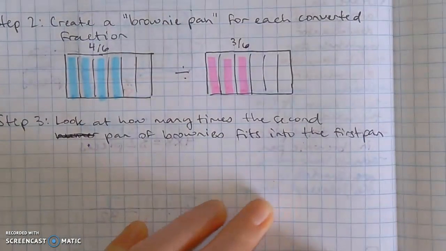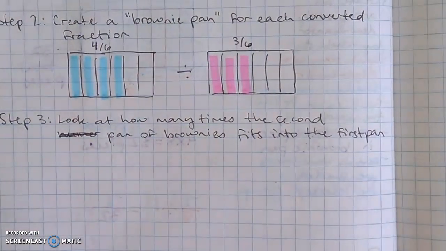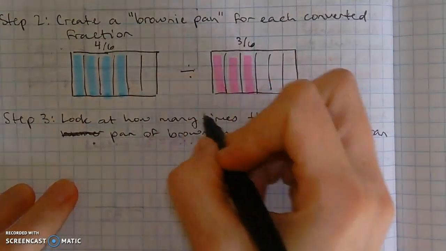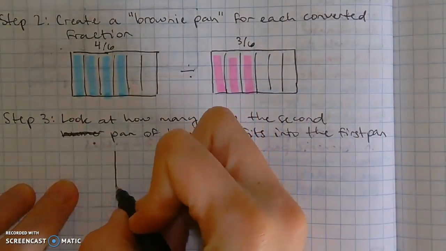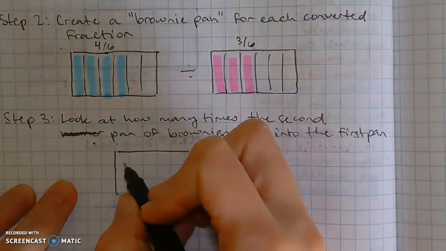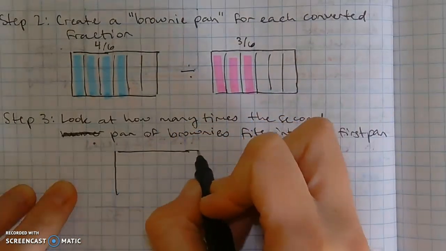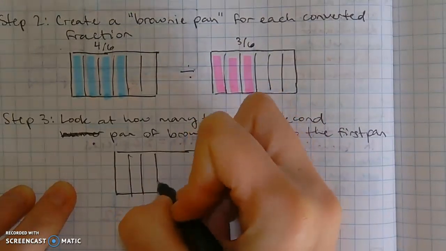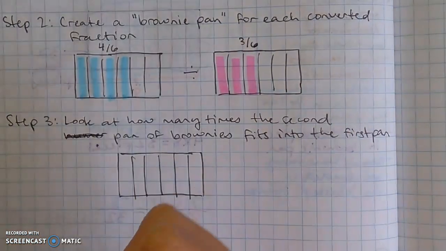Sorry, that got sloppy there, okay? So if I do an overlay here, I'm going to kind of mush these two together. 1, 2, 3, 4, 5, 6. Because remember, they have the same denominator now.